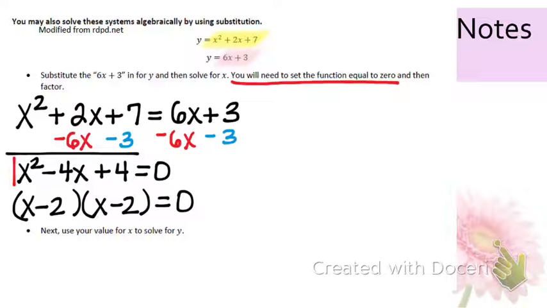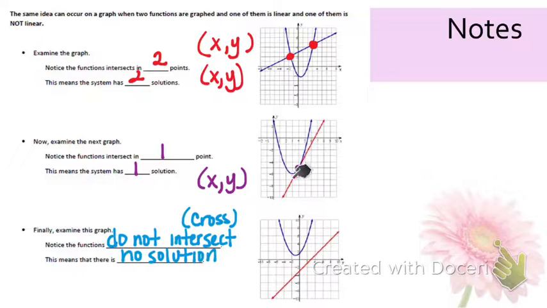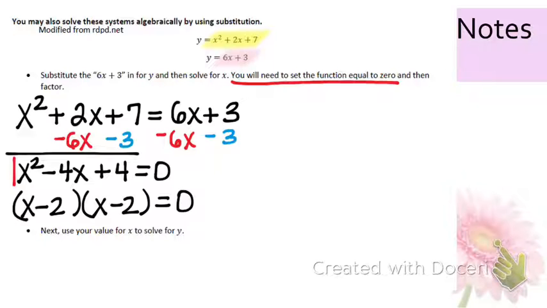Notice how this factored down to the same thing. So what this tells me is this is an example of where I only have one solution. There's only going to be one solution to this particular system. So let's figure out where that solution is. To find your x value, take the x minus 2 and set that equal to 0.